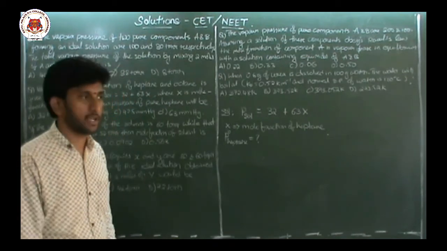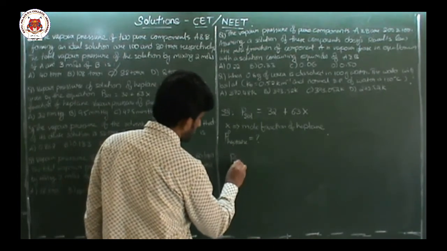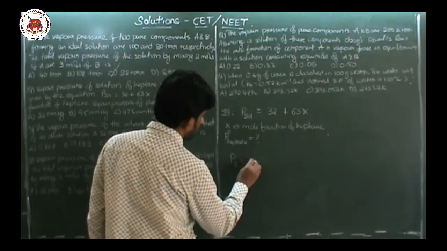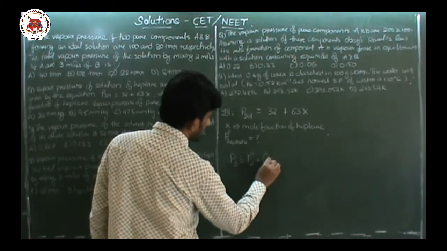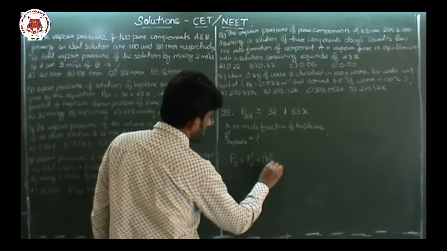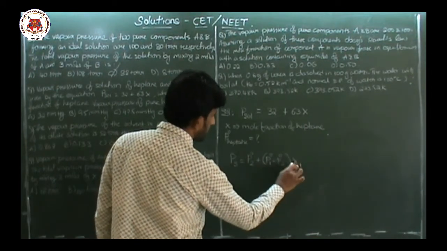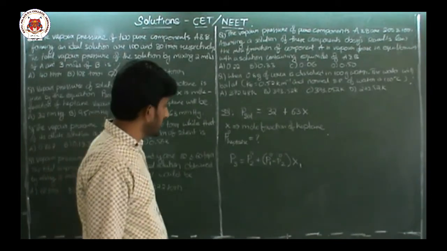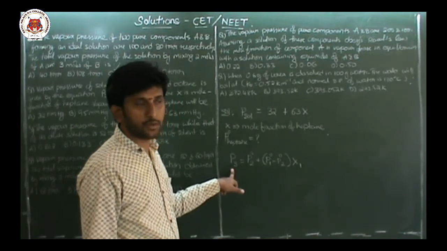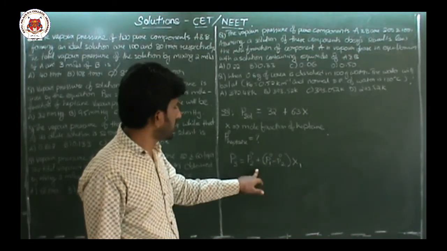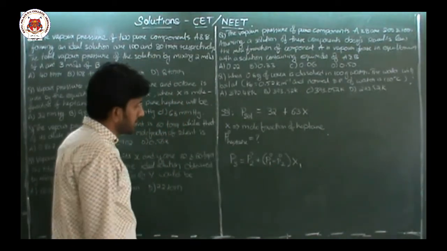Raoult's law applied for two volatile liquids, you know the final equation will be pressure of solution is equal to P02 plus P01 minus P02 into x1. If you remember this equation, okay.